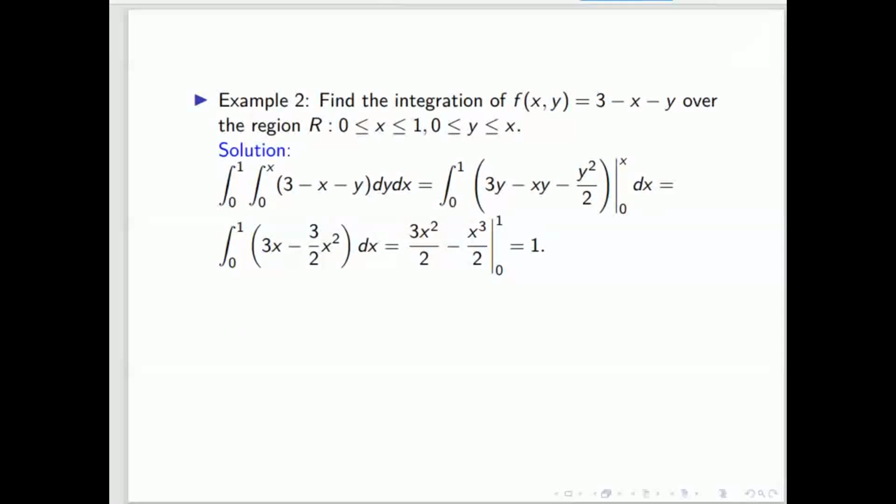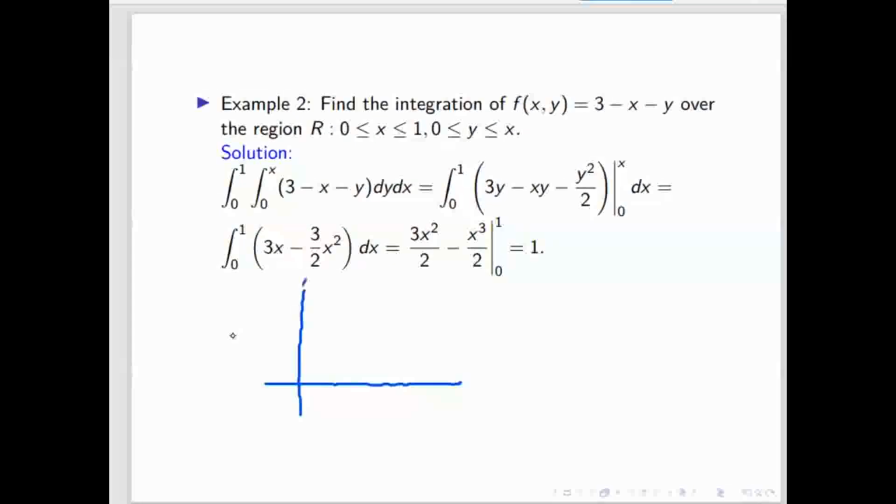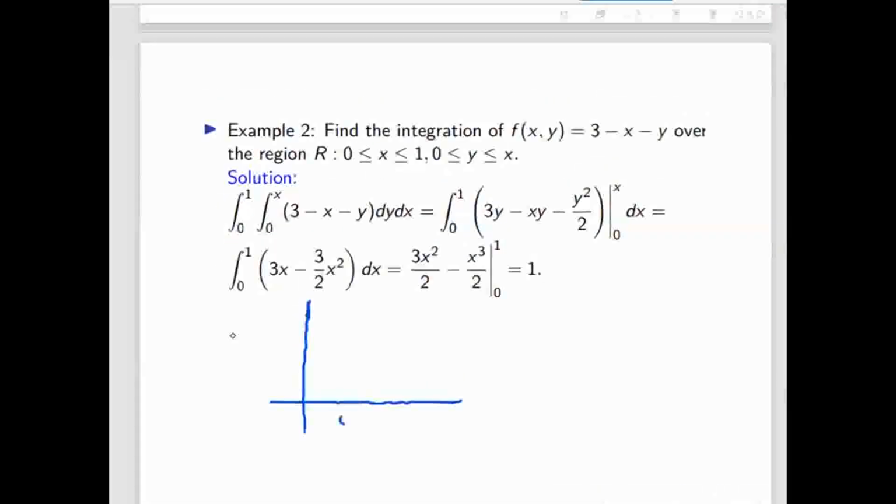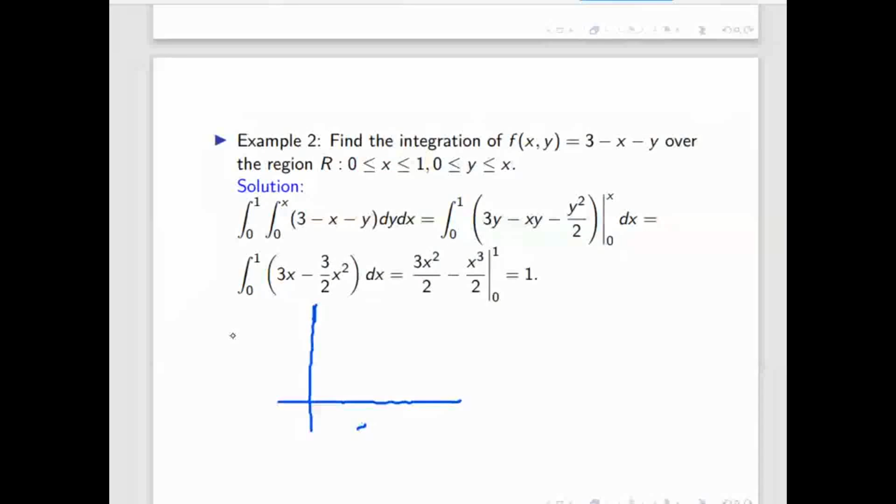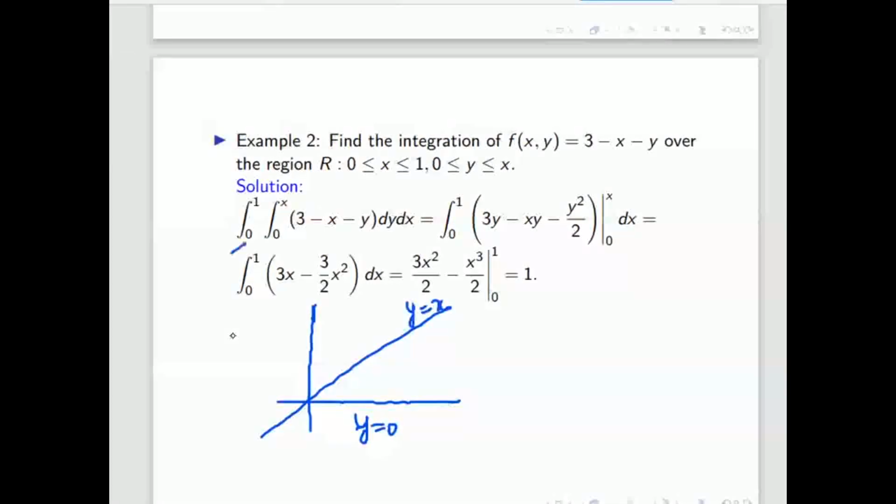So here the value of y equal to 0, this is the lower limit. So this is y equal to 0, and then y equal to x. Similarly, this is the limit of x equal to 0. It will start from here and it will go to x equal to 1.